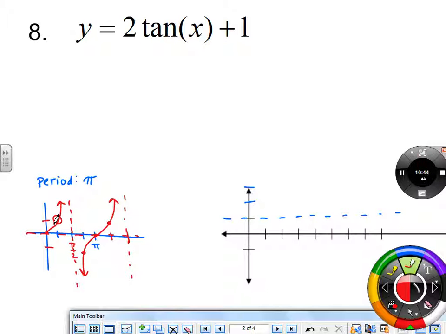So I'm going to scale it just like the parent function, all by pi over 4s. And for the ones where you say that doesn't have a 4 in the denominator, write it as a 4th and then reduce it, and you'll have the same thing that I have up there, okay?